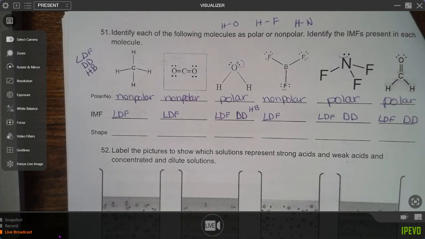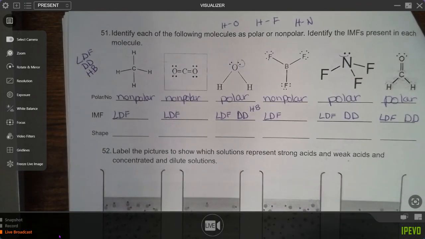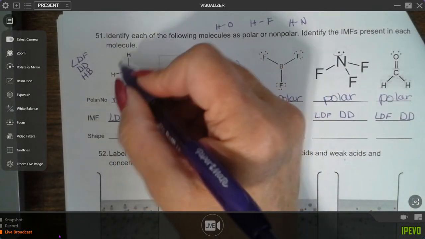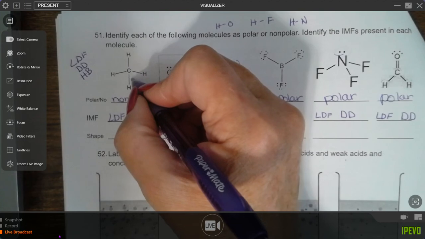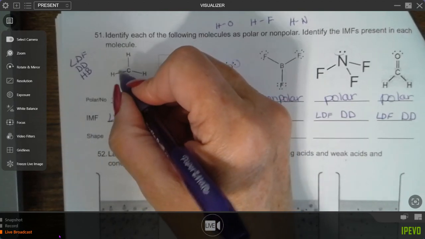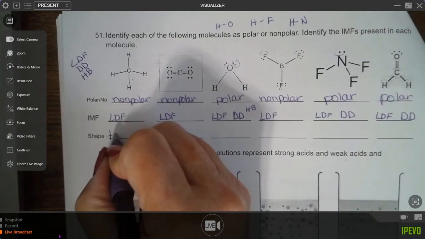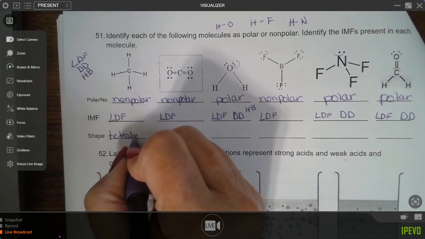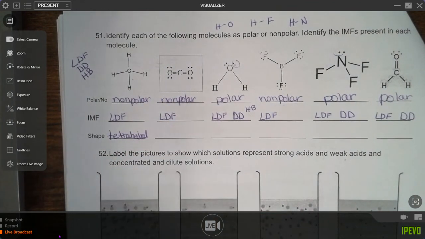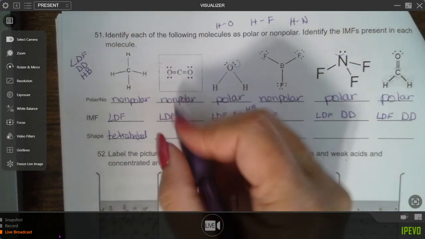Okay, and then shapes. I'm not going to jump back and forth, but if I look at this CH4, 4 electron domains, they're all atoms attached. The shape here is going to be tetrahedral. Carbon dioxide, we did that one on the other page, linear.